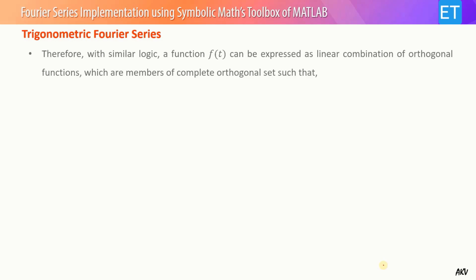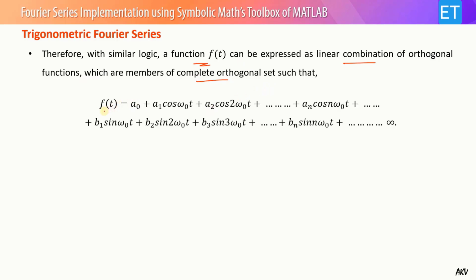So with a similar pattern, a function f(t) can be expressed as the linear combination of these orthogonal functions, which are members of a complete orthogonal set, such that f(t) can be expressed as a naught plus a1 cos(omega naught t). So that is equal to your c1 g1 plus c2 g2 plus c3 g3 like that.